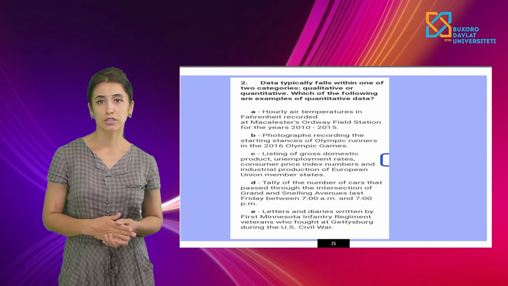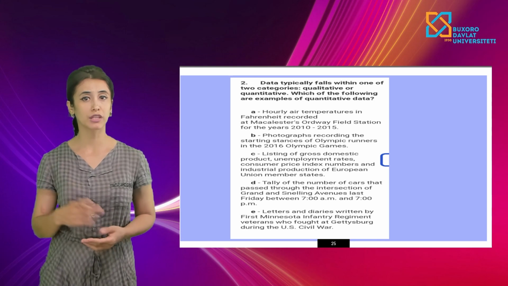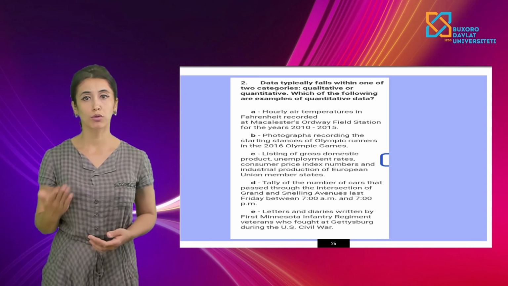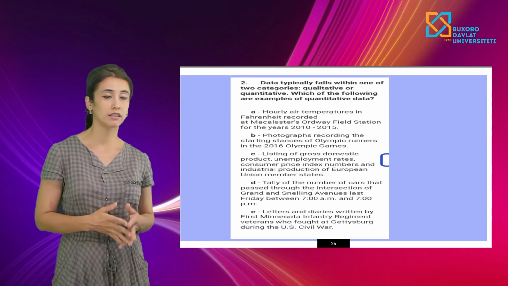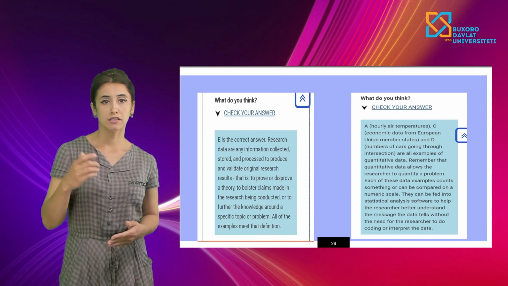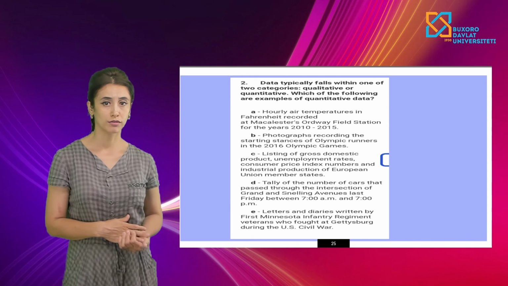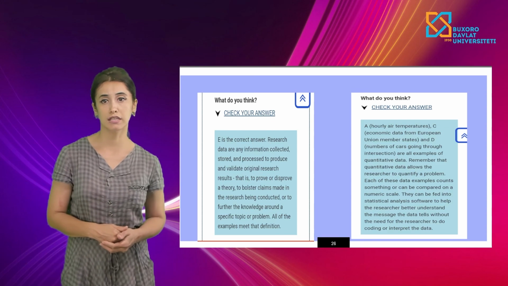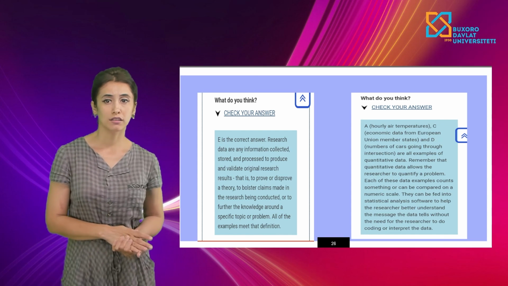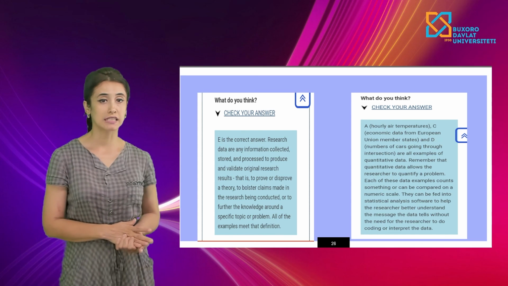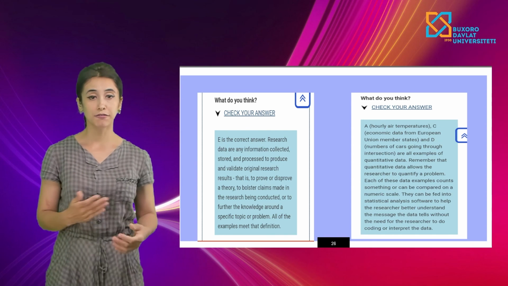The second one: data typically falls within one of 2 categories, qualitative or quantitative. Which of the following are examples of qualitative data? Here you can see 5 options. It is your choice which one to choose. And here are the answers. The first one was E, and for the second one, the correct answer is A. You can discuss the answers and see the differences between them.